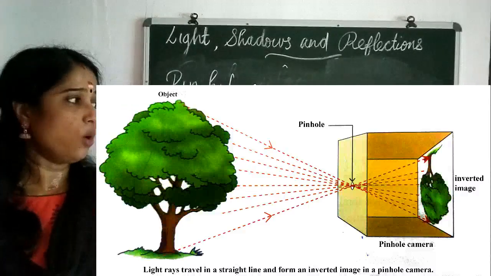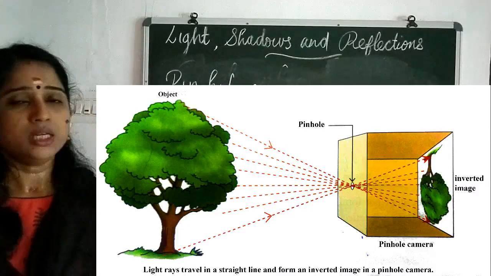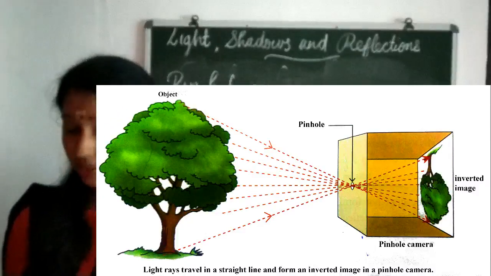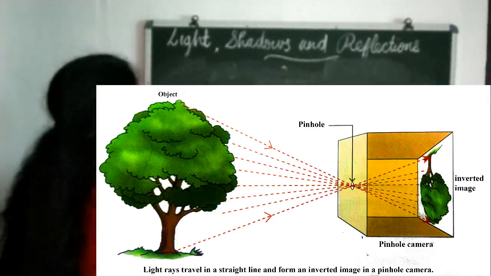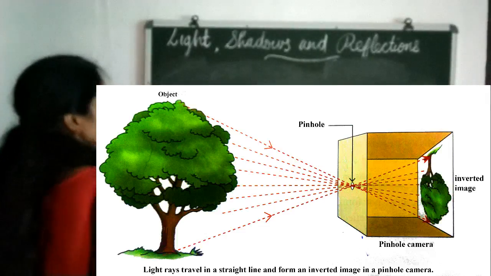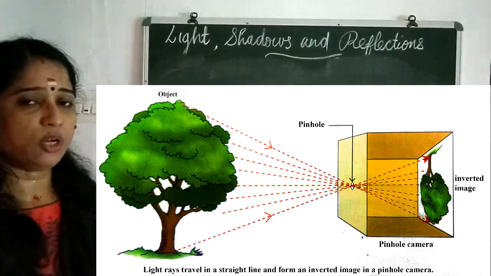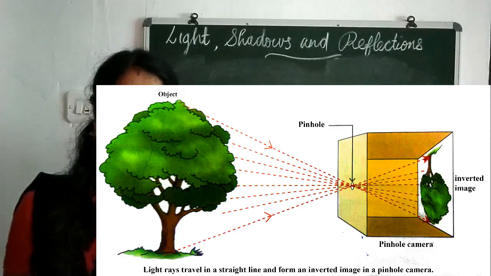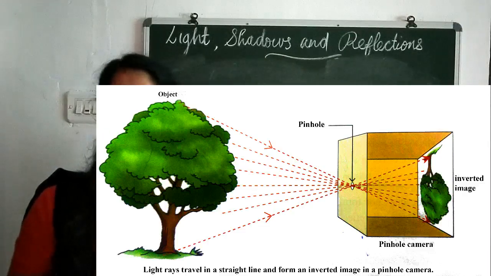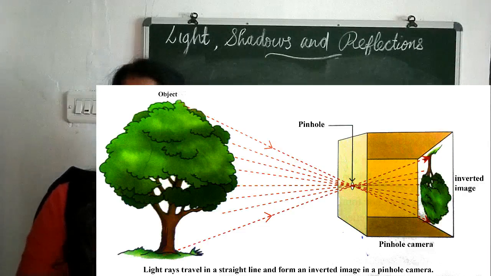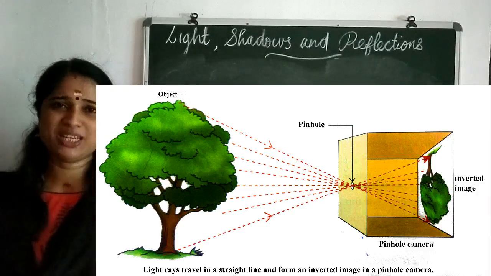Just see how the image is formed and just see the inverted image there. Just observe it carefully. The same picture is there in your textbook also. But just observe how the inverted image is formed, because I cannot show you through this because light is not coming from this side. So just understand it. Try to make the pinhole camera, and after making it, take the photo and send it to me.